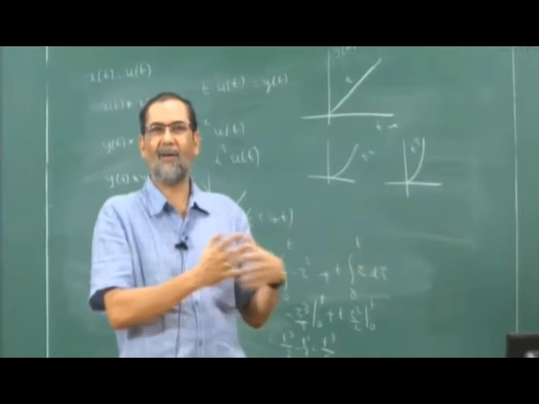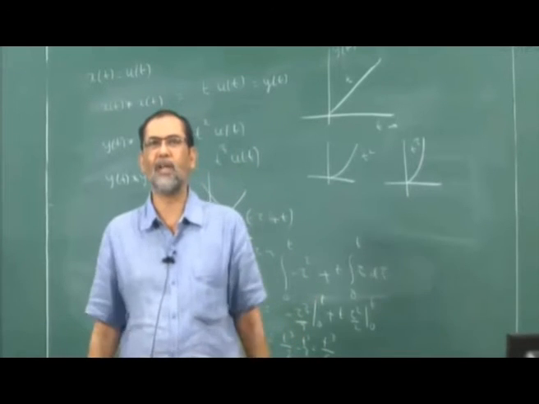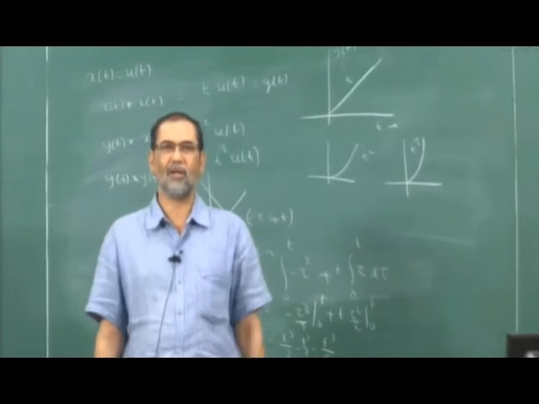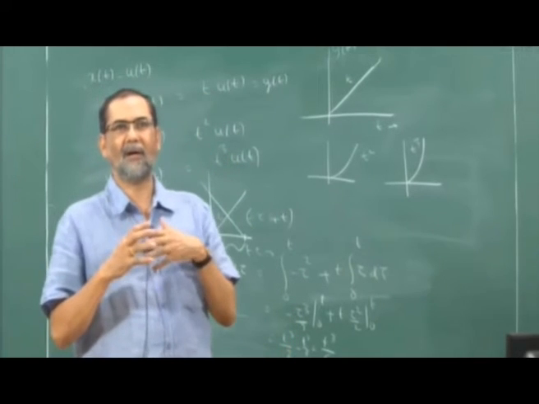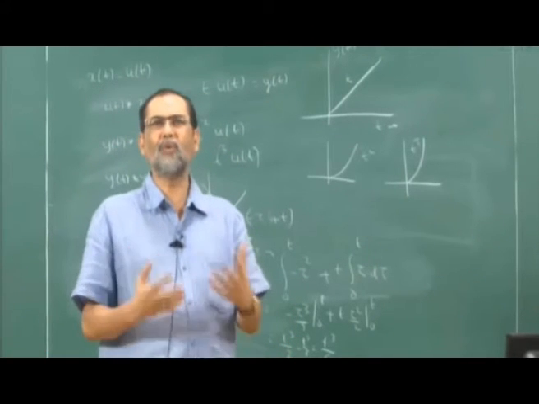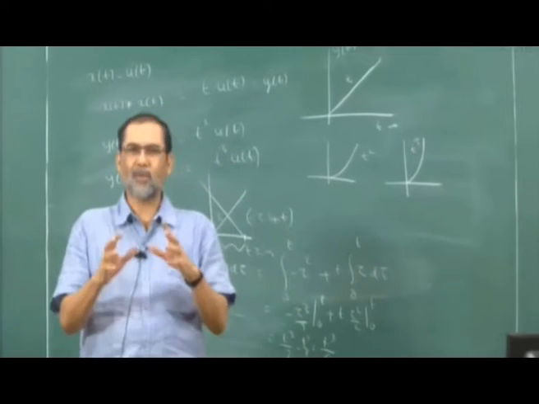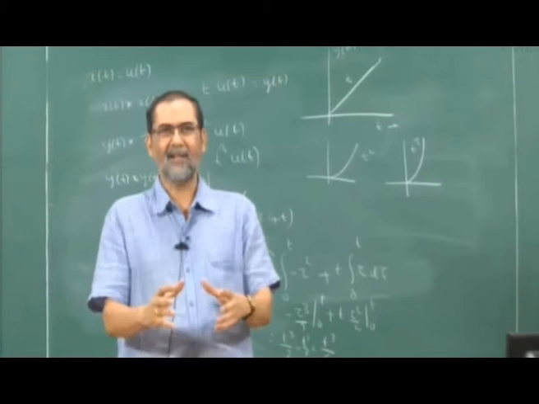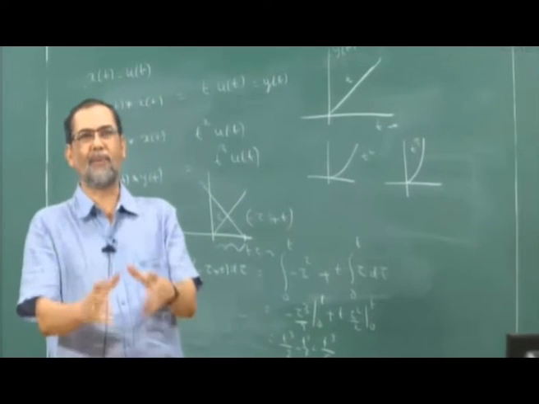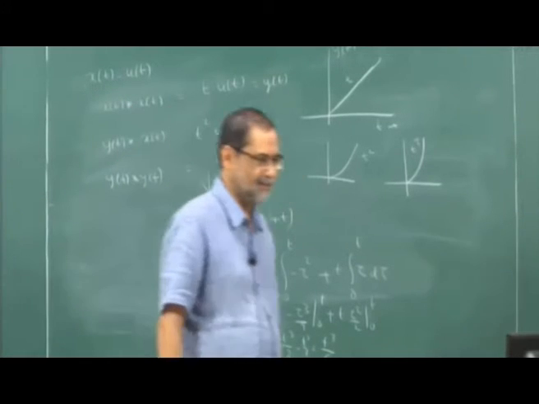We're not mathematicians trying to work with u of t or delta of t. So I'll urge you not to speculate too much about all these things. It's good to know that we have defined them to make our life easier, but please don't make your life more complex by getting caught up with these ideas.